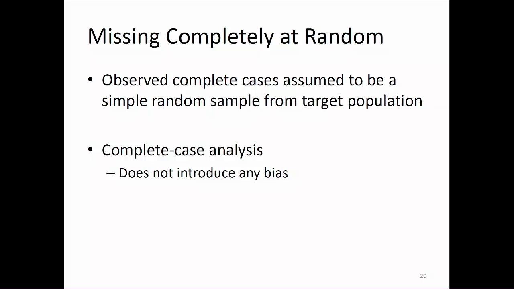So if you try to do complete case analysis, you might be throwing out all of your data or close to it. So when you can do it, complete case analysis works. In practice, especially with large data sets, if you restrict your attention to complete case analysis, you might be going from terabytes of data to just a few megabytes of data. So this is one possible remedy. It's not always going to work for you.